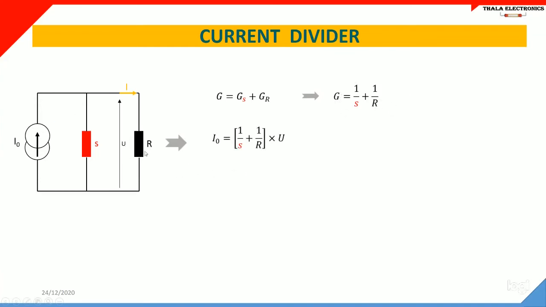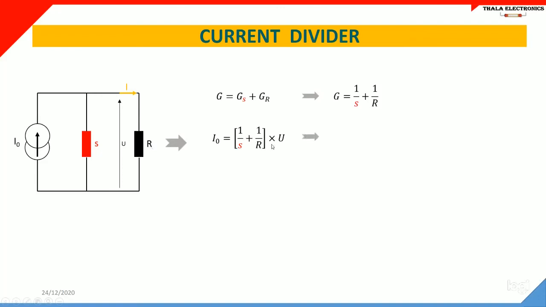Now, the current delivered by this source, I0, equals our equivalent resistance of RS and R resistances, multiplied by U. U is the DDP between both pins of the RS resistance and R resistance.